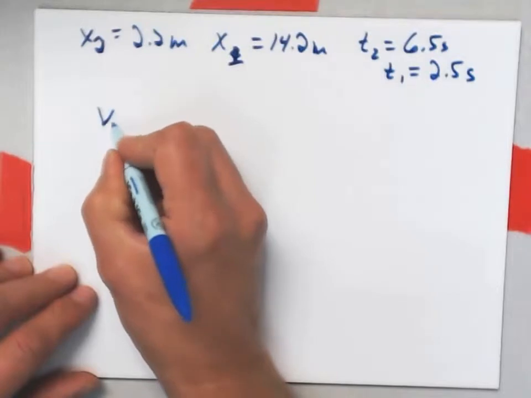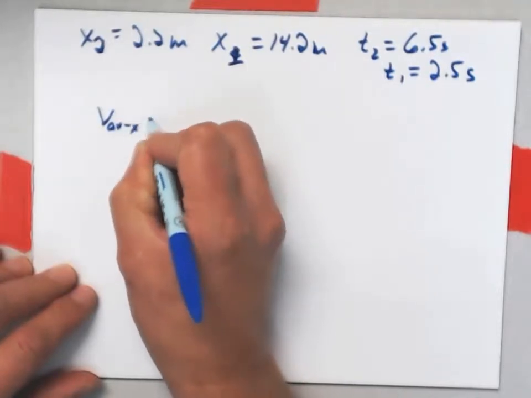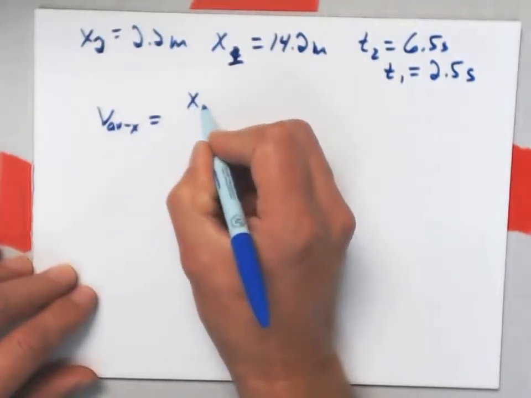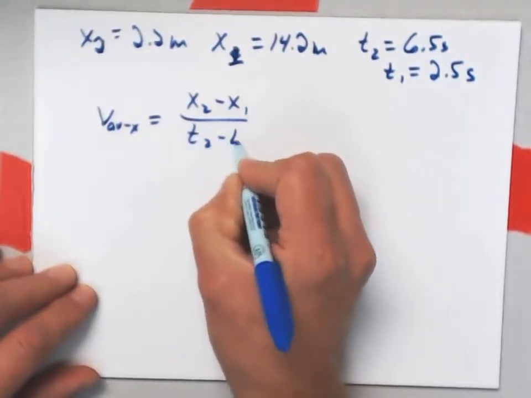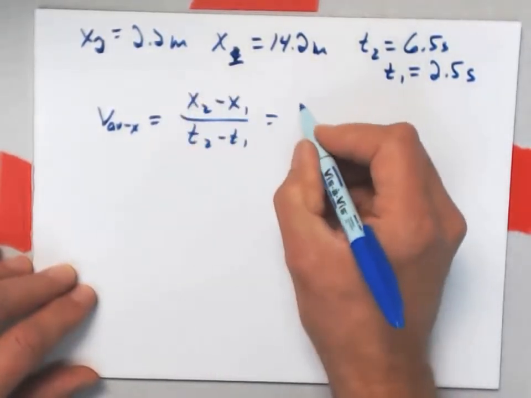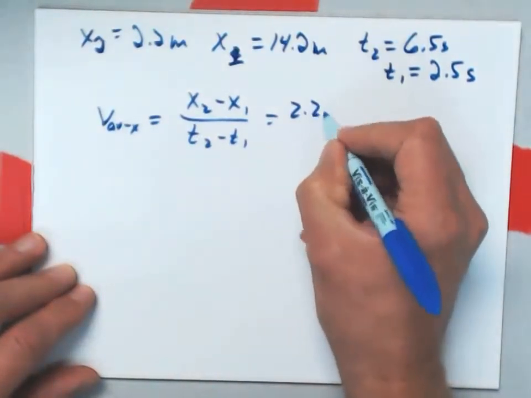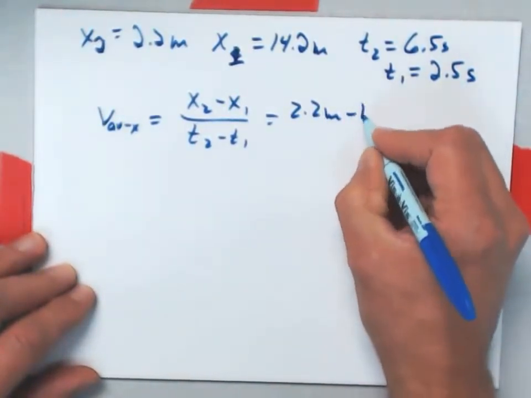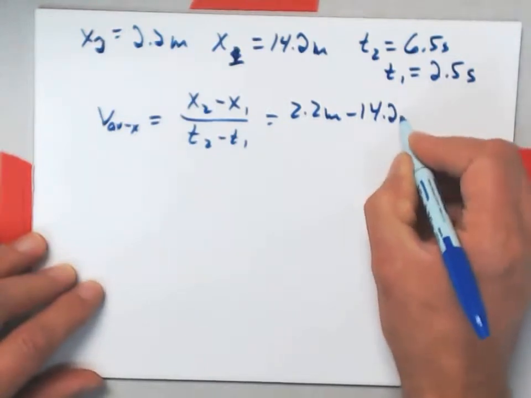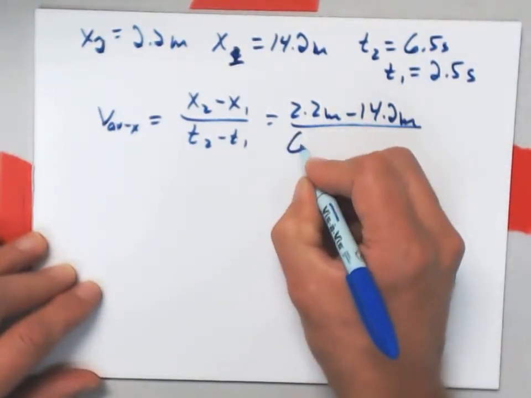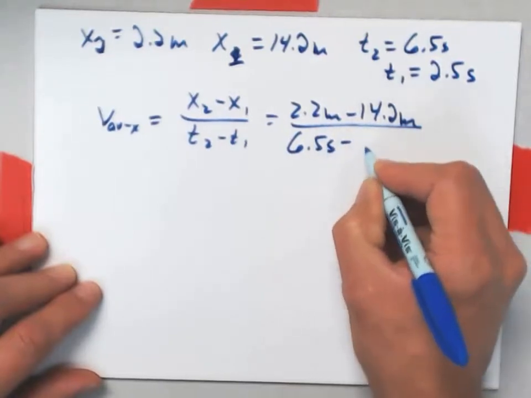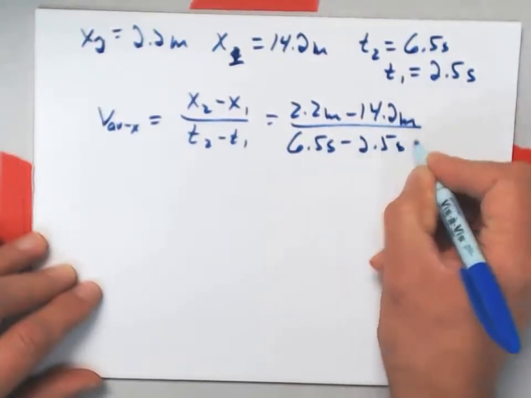This time, V average in the x direction will be x2 minus x1 over t2 minus t1, and this time 2.2 meters minus 14.2 meters divided by 6.5 seconds minus 2.5 seconds.